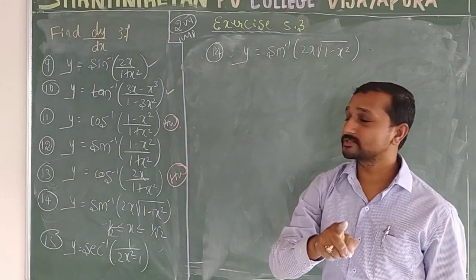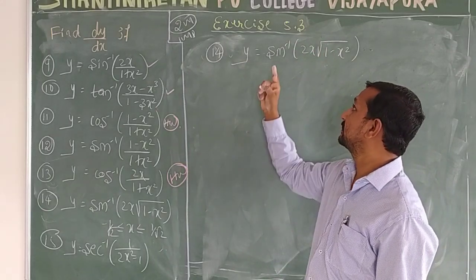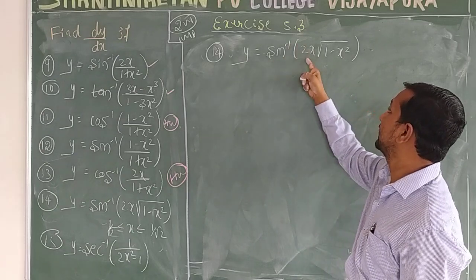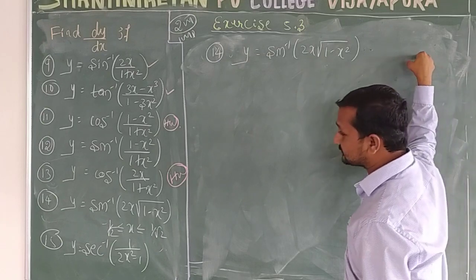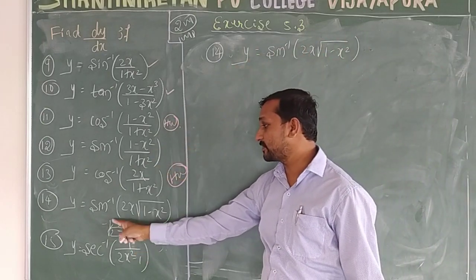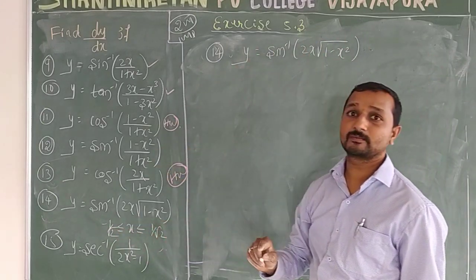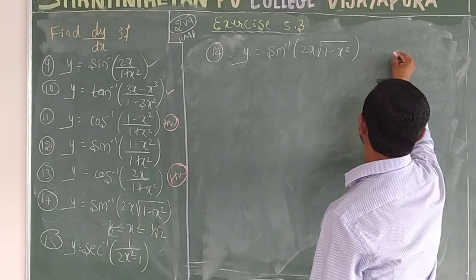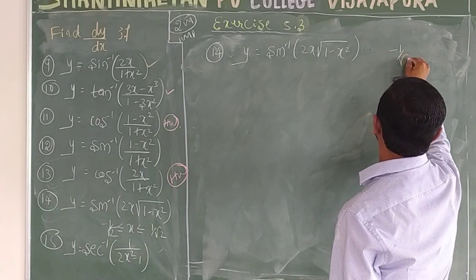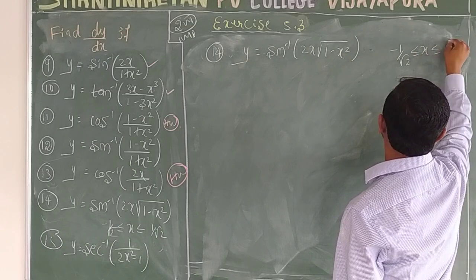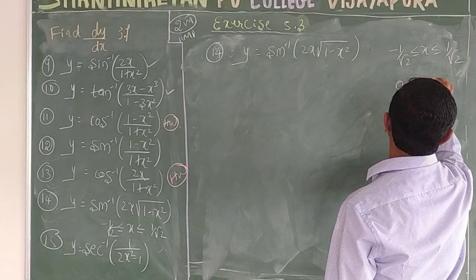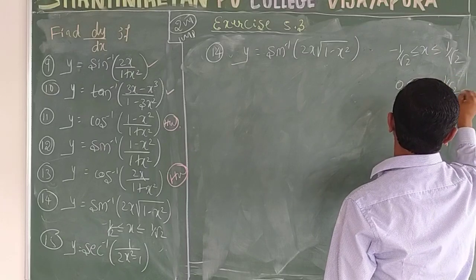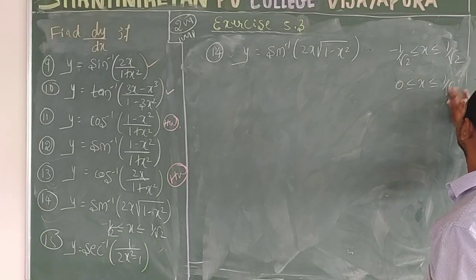So you know that, students: show that sin inverse of 2x root of 1 minus x square is equal to 2 sin inverse of x in the range x lies between minus 1 by root 2 to plus 1 by root 2. And in the range there are two ranges, minus 1 by root 2 to plus 1 by root 2.